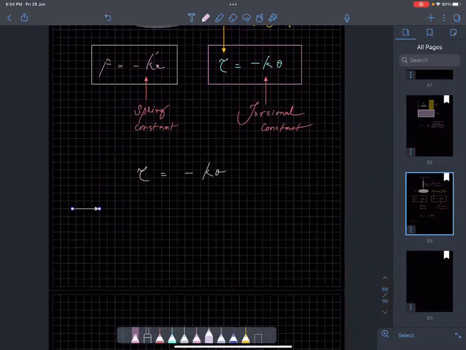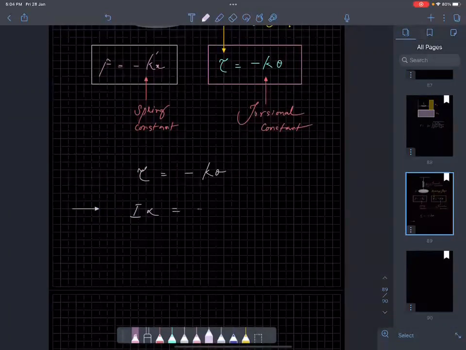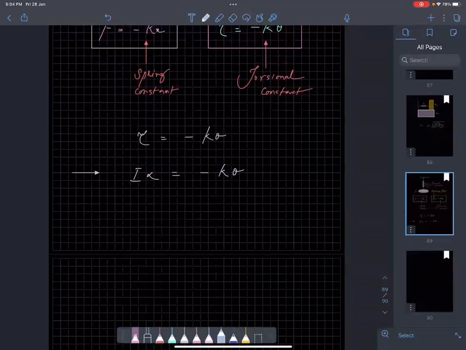So I alpha equals minus k theta. Rearranging, alpha equals minus k by I theta. This is your omega square according to the standard form of equation.